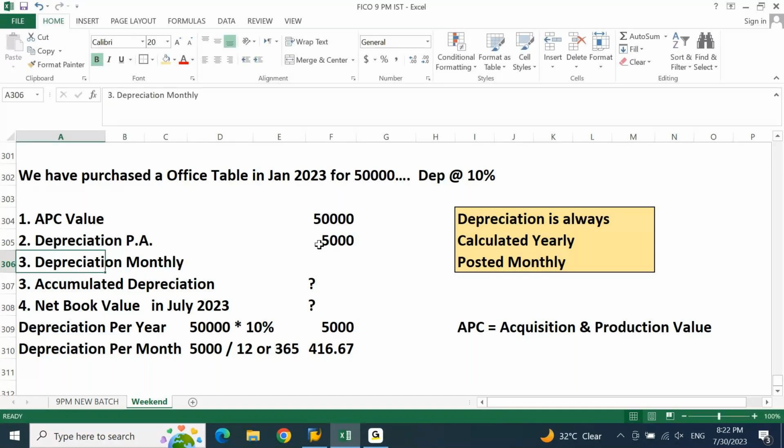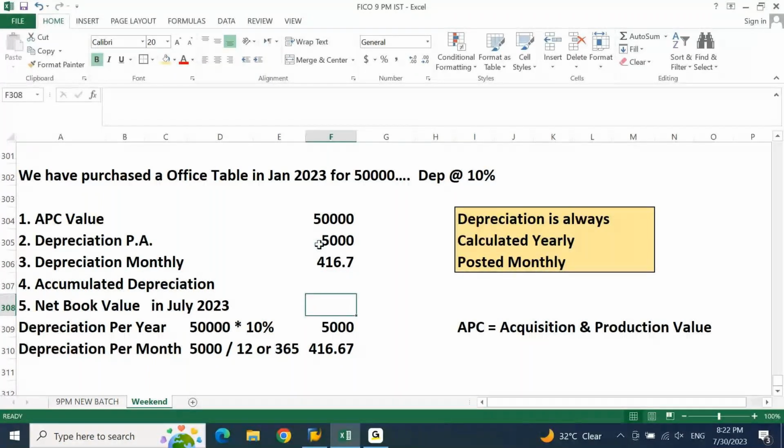Monthly depreciation we have listed as 416.67, and accumulated depreciation is dependent on the report in which month you are generating.